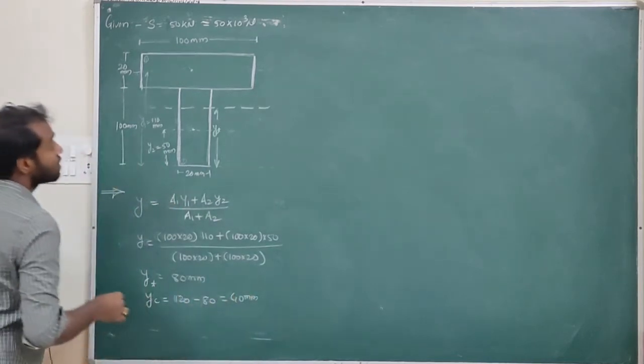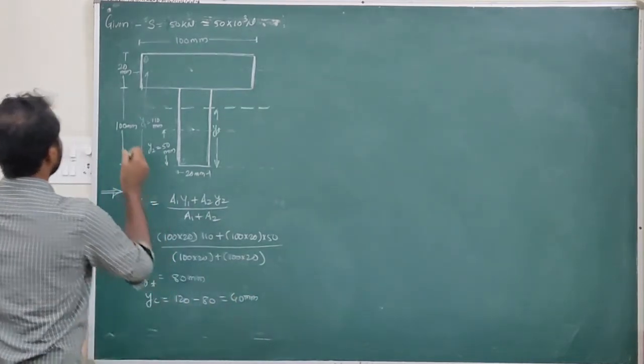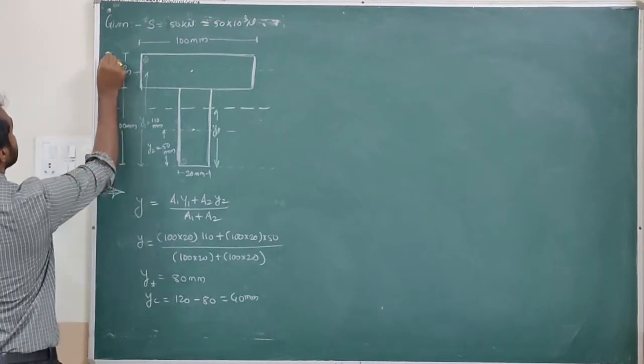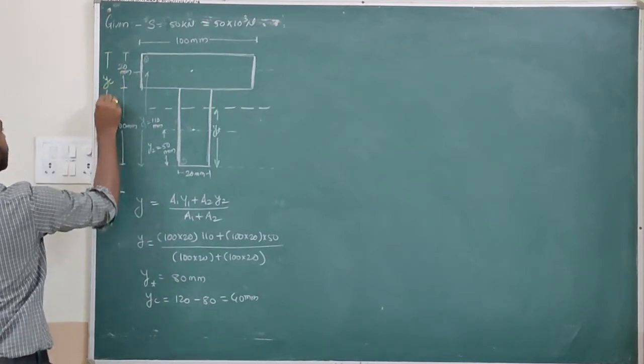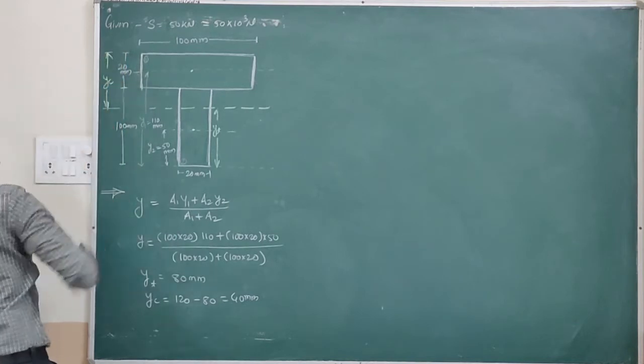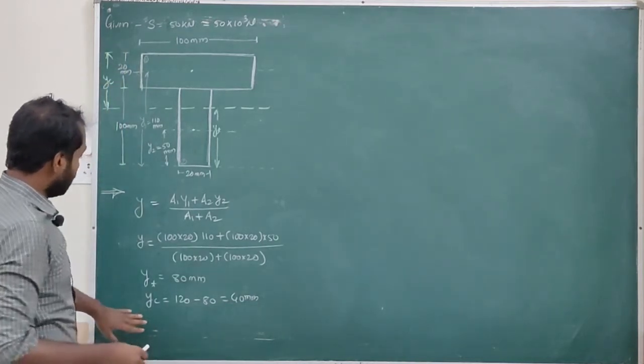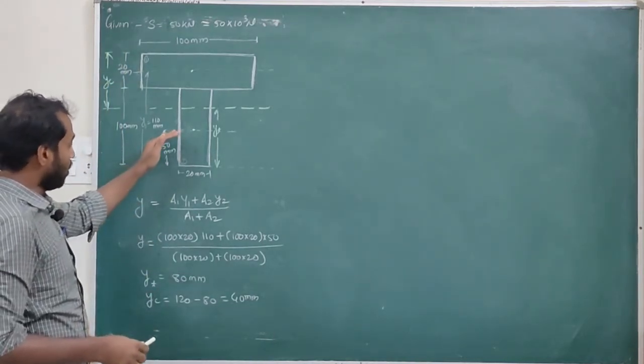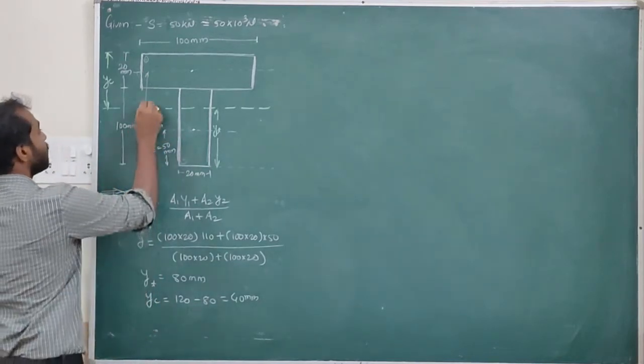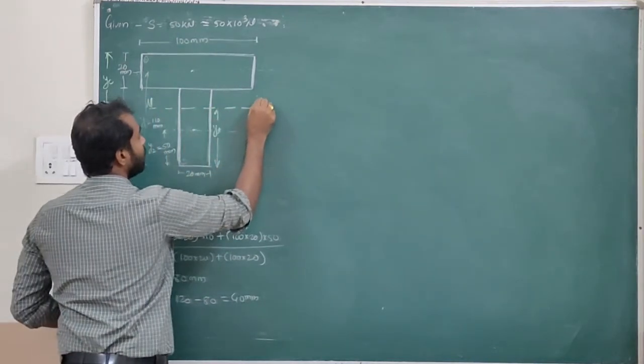So the remaining distance is 40 mm. So here this is yc. So we have found the location of neutral axis for our given T beam.